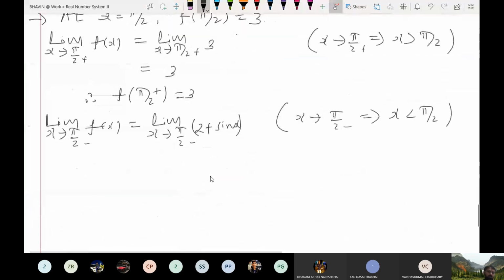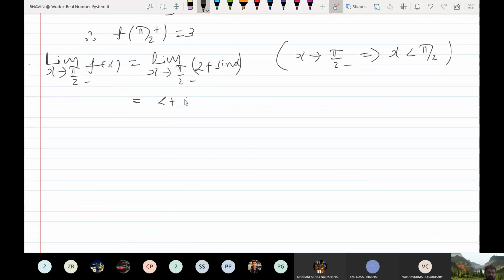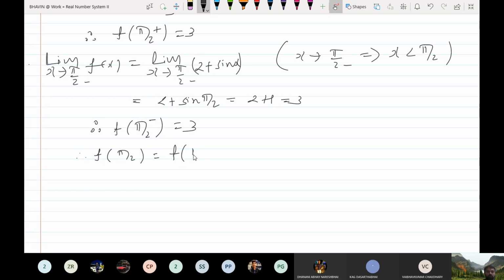Okay. So now if you put x equal to pi by 2, and sin pi by 2 is 1, therefore f of pi by 2 minus is equal to 3. So f of pi by 2 is equal to f of pi by 2 plus is equal to f of pi by 2 minus, equal to 3.